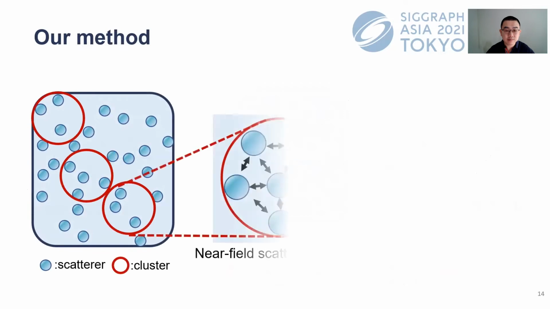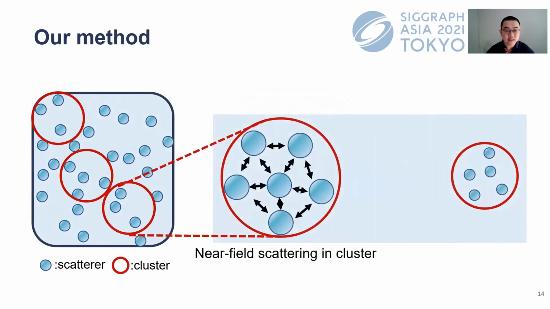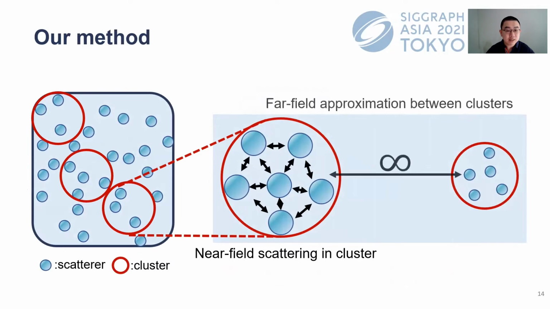Here's our solution. We gather scatterers in different clusters and handle near-field scattering in each cluster, but still use far-field approximation between clusters. In other words, we consider the cluster as a big scatterer. Later, we can compute scattering parameters from the cluster.